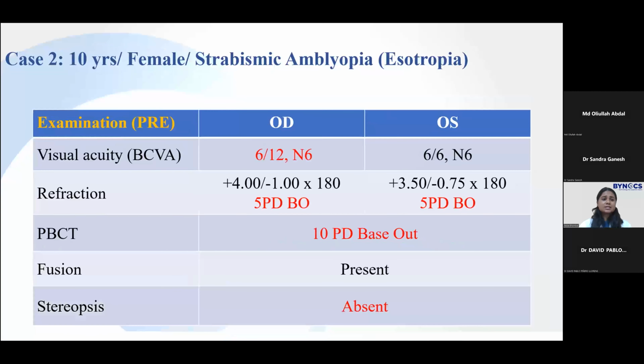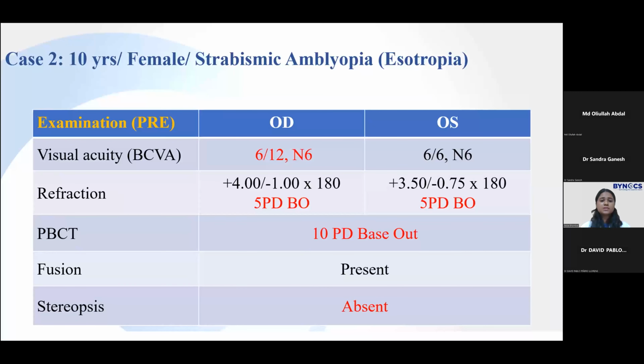The second case is of a 10-year-old female with strabismic amblyopia. Here, the patient's vision was 6/12 N6 and had a squint. So prism was prescribed along with the glasses. The patient already had fusion with the glasses.